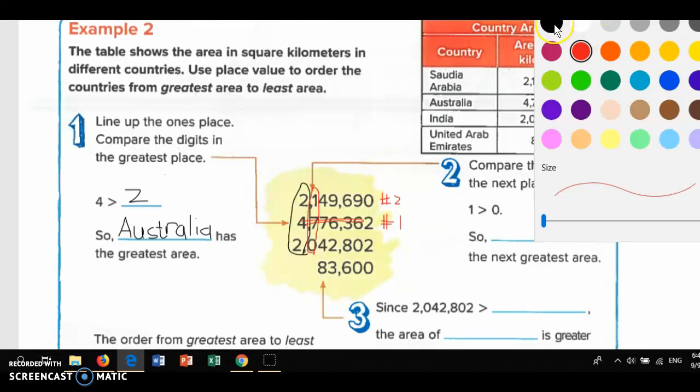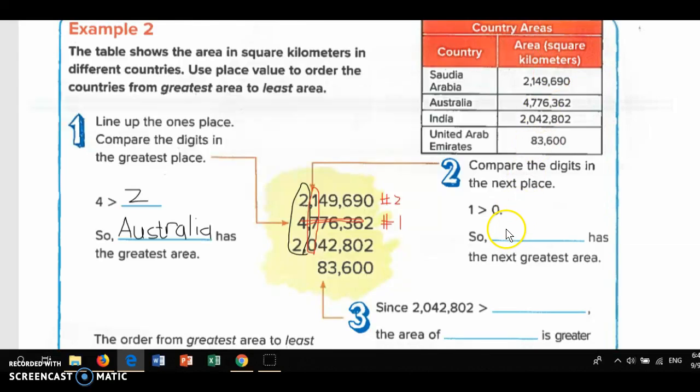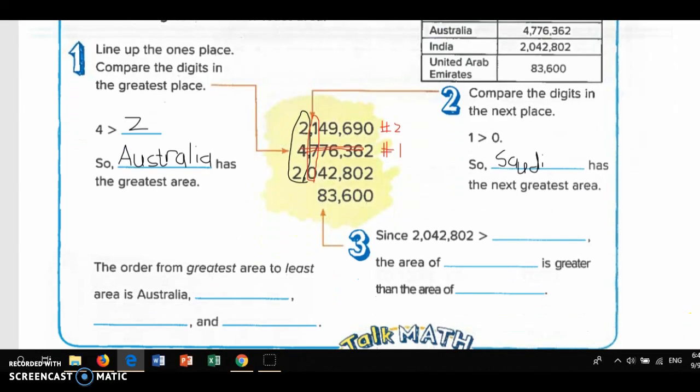So let's write in there Saudi. So Saudi has the next greatest area. So Saudi is second. Let's have a look at the third one.